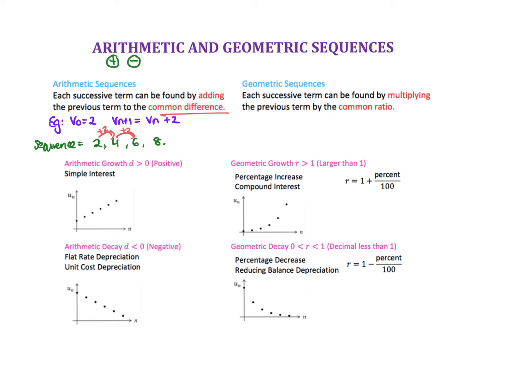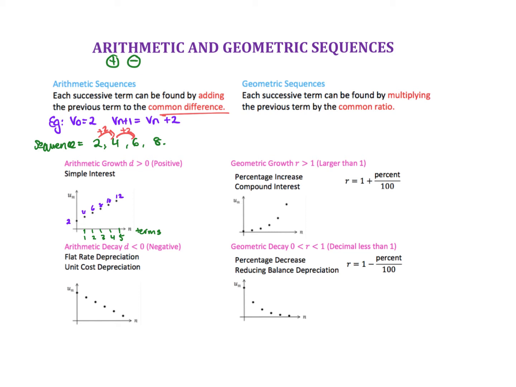If you were to graph that, say this is the number of terms, after 1 term, 2 terms, 3 terms, and so on. If we were graphing our example, 2 would be there, then 4, 6, 8, 10, 12, and so on.